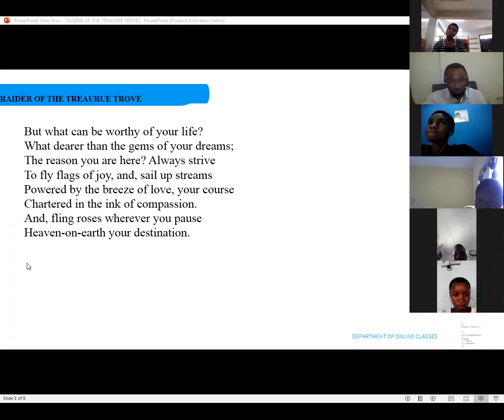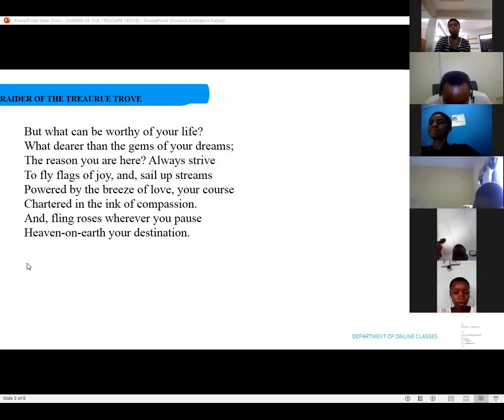The flag. So it says that true joy is like a flag. So once the joy is there, everybody knows that you have joy. You can't hide it. Now, when you come to school, we have a flag in front of the school. When they mount the flag or they hoist the flag, everybody knows that this is a flag. A flag can be seen everywhere.